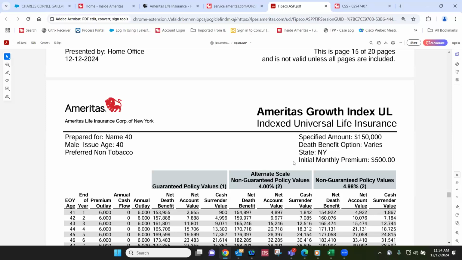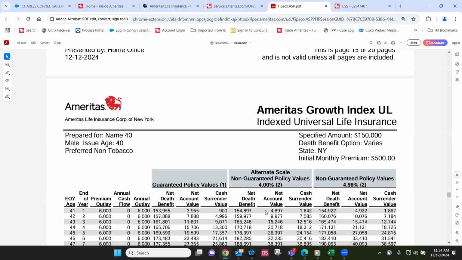Let's see here, Alonzo, would the switch from option A to be just an option C? No. So option C, that's a great question. Option C is an increasing death benefit, but it increases by the premiums paid, not by the account value.